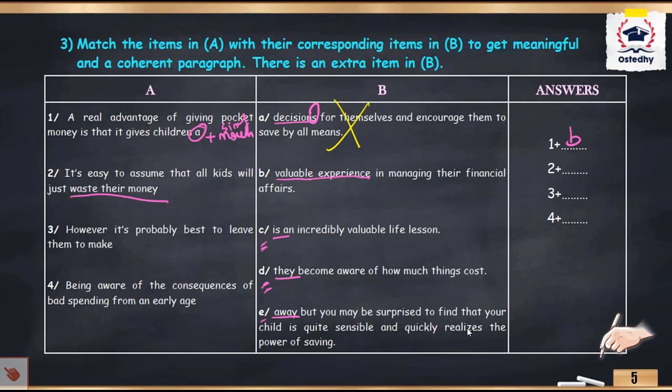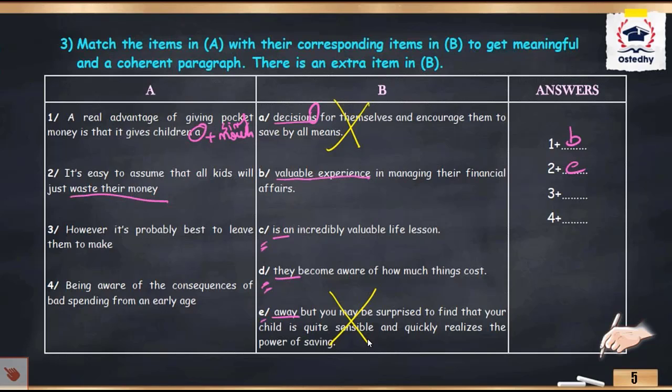So 2 goes with E. Absolutely. So now I will cross E. I have 3 more choices. Iman, number 3, please. However, it's probably to leave them.